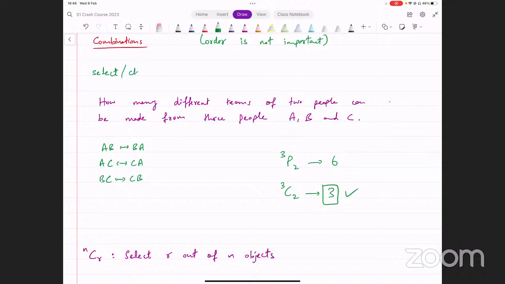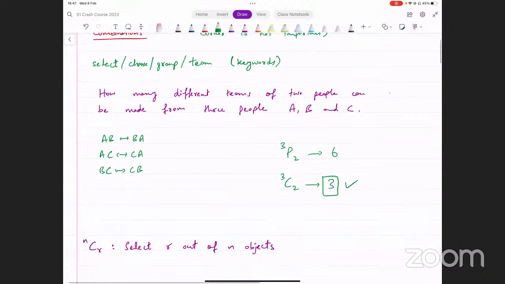Whenever you have to choose something, or you want to make a group of some people or a team of some people, all of these keywords, they basically represent that the order is not important. It's just the group that's finally selected that matters. When you have permutations, on the other hand, you would mostly see the keyword arrange there. So permutations are mostly about arranging objects, right? In combinations, these are some of the keywords that you will see being used in the problems.